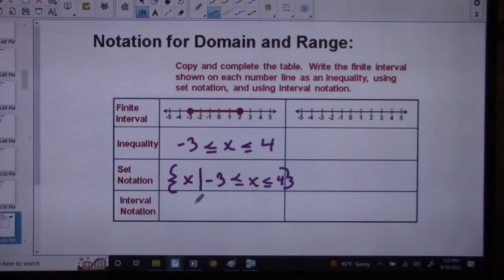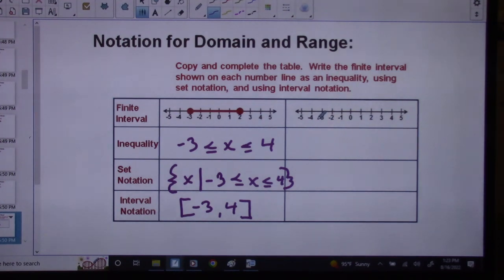Interval notation, you would write that as this. And then over here on the right, so that's the one on the left, do you have questions on this one?